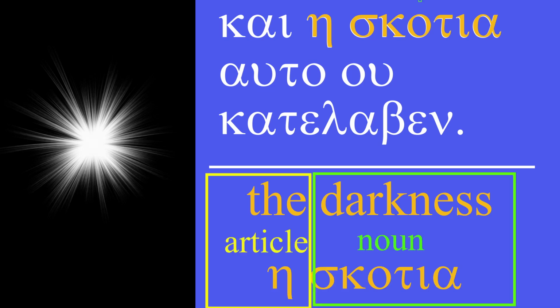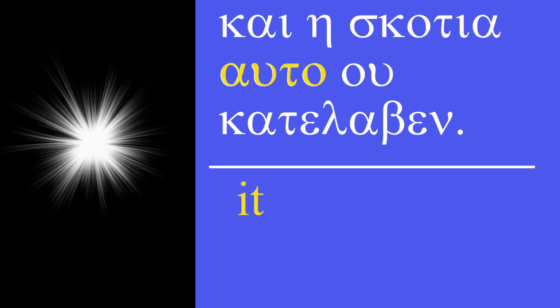Here's the second sentence of this verse. Ke I skotia auphto ou katalaven. There's ke again, meaning and. The I skotia, which we saw in the previous sentence, the darkness, the feminine article, and the I matches the feminine noun skotia. Auphto is it.